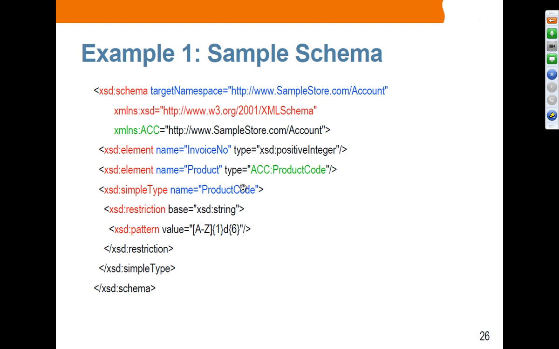So what we are doing is using product code as a source namespace. That's the reason we define another source namespace, or external namespace. They happen to be the same, because this product code is in the same namespace.